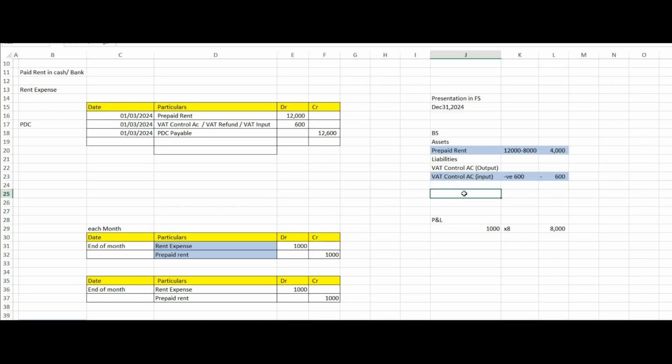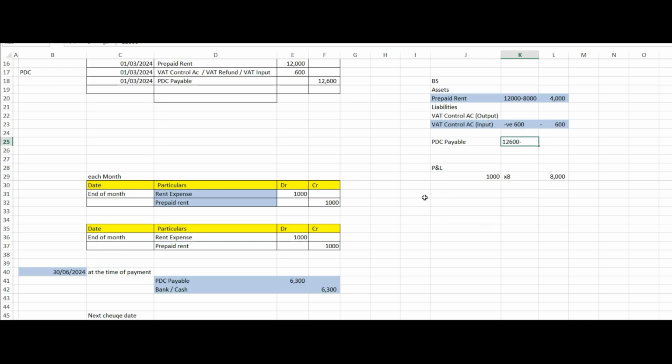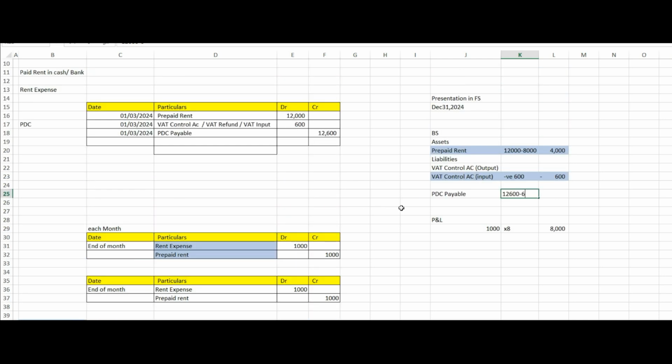In liabilities, we will have PDC payable, which was 12,600 minus 6,300 already paid, so you will have a balance of PDC payable of 6,300. And as far as P&L is concerned, rent expense would be 8,000 as usual.